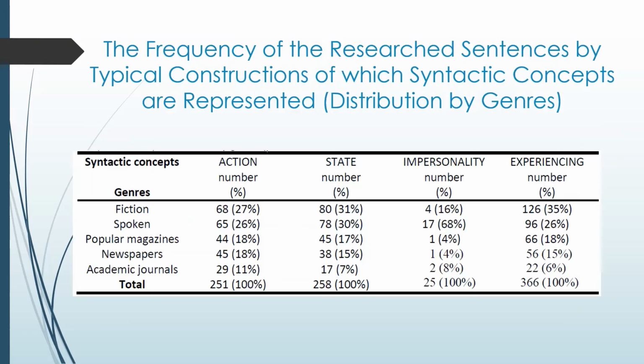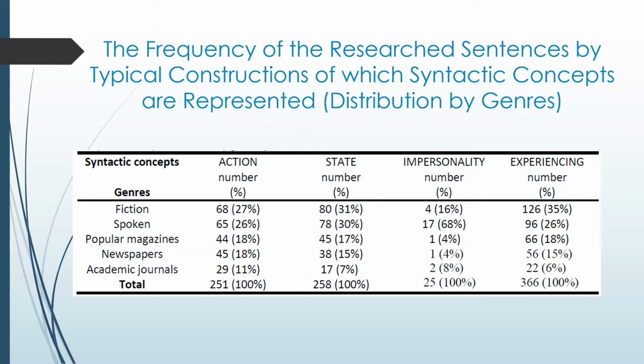In this table, we can see that concepts action and state are mostly represented in fiction and spoken genres, and the least of all, they are represented in academic journals. When we are talking about syntactic concept impersonality, it is presented most often in spoken and the least of all in popular magazines and newspapers.